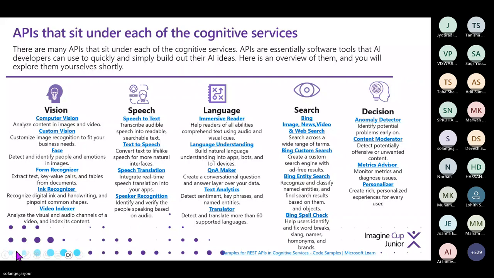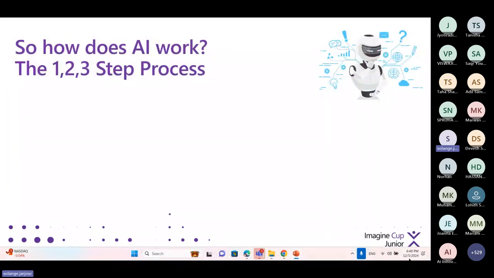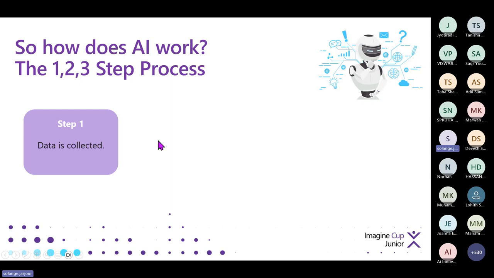Now, just to keep the pace, I will start introducing the 3 steps that you have to follow in order to solve a problem using AI. What are these 3 steps? Step number 1 is to collect data. We need to start by collecting data because, as you saw, the first step with AI is to have the data, correct?